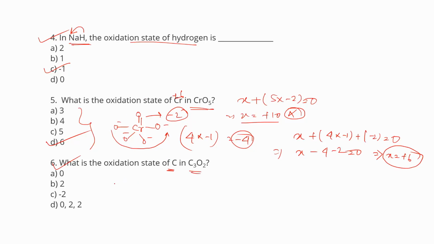It will be like this. Suppose I do not know what the geometry will be. I have drawn a cyclic structure and now I am attaching 2 oxygens. This carbon has 4 valency, but this carbon has 3 valency.